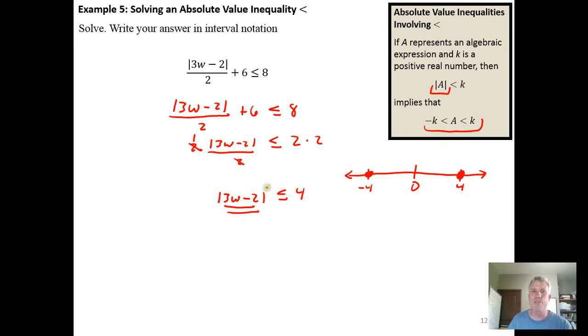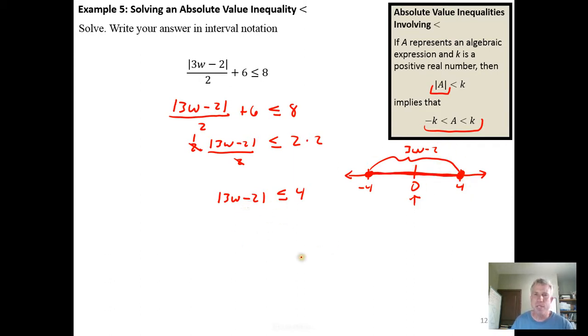And to be no more than 4 units away from 0, I'm going to have to be between negative 4 and 4. If I'm over here, I'm more than 4 units away from 0. If I'm over here, I would be more than 4 units away from 0. So 3w minus 2 has to live between negative 4 and 4 to be a distance less than or equal to 4 from 0.